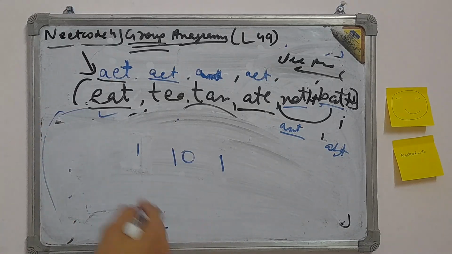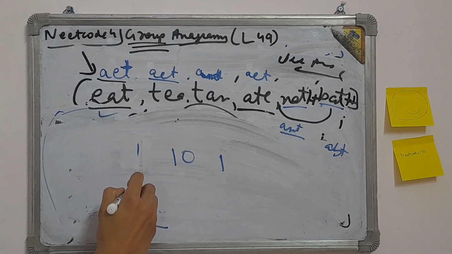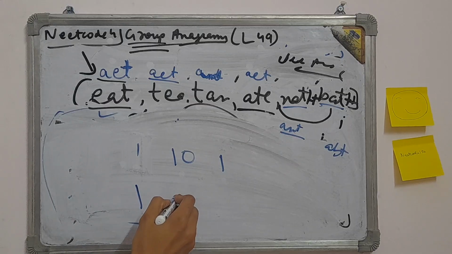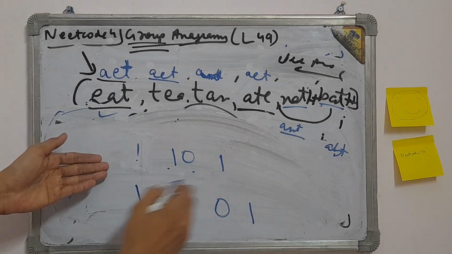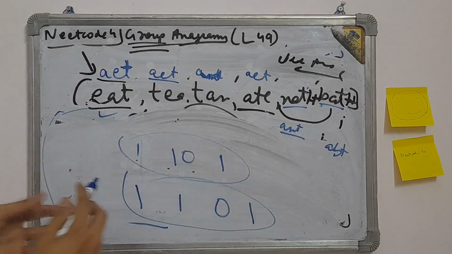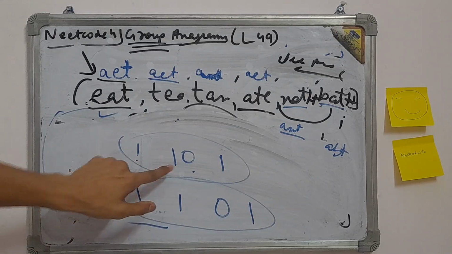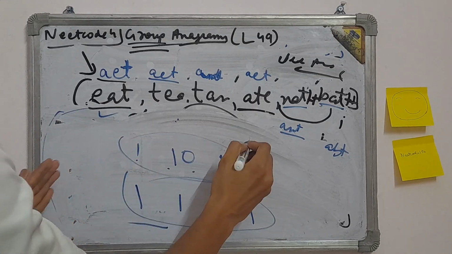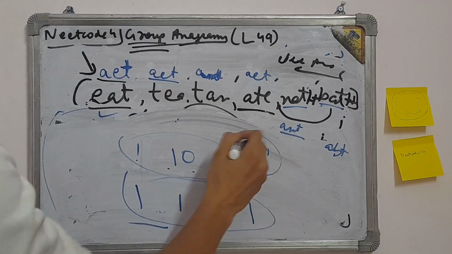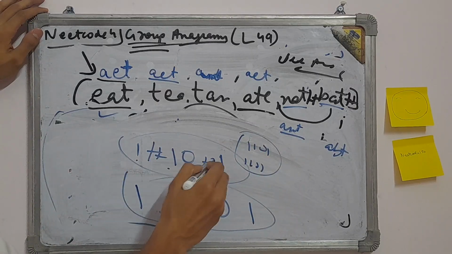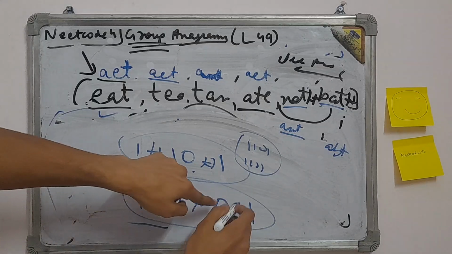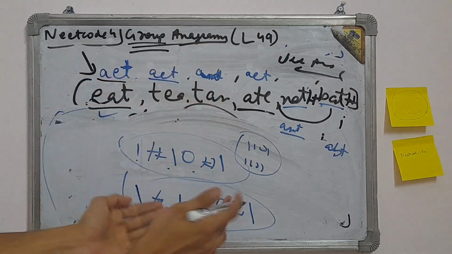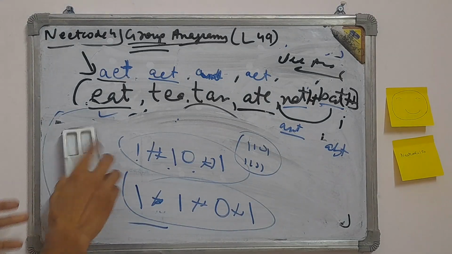Now take another pattern in which A is 1 time, B is 1 time, C is not there, and D is 1 time. In this pattern we can see 1 1 0 1. So how do we figure out if 10 is different from 1 and 0? Because if we just join the numbers as a string, they can look the same. That's why we add a hash, so that we can know this is 1, this is 10, this is 1, and this is 1 1 0 and 1, and not 10. It's actually 2 different digits. That's why we do this.